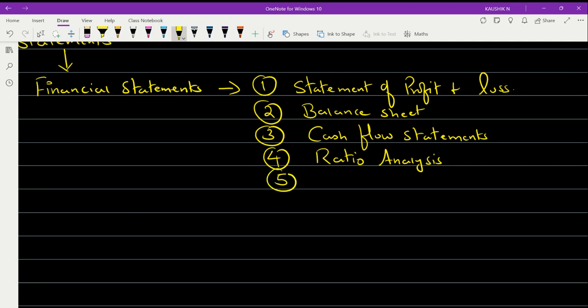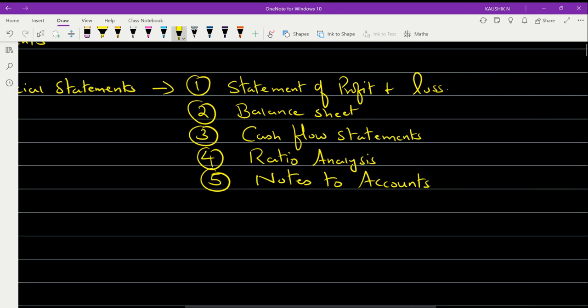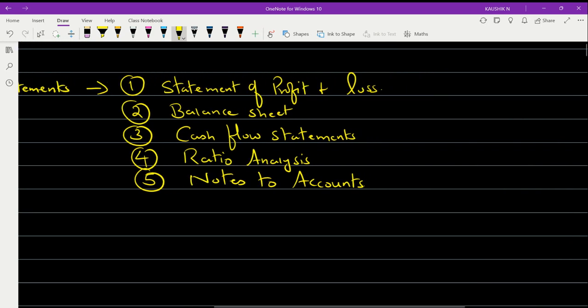And finally, number five, we'll call it notes to accounts. So there are five important financial statements which we have. They are statement of P&L, balance sheet, cash flow statement, ratio analysis, and notes to account.